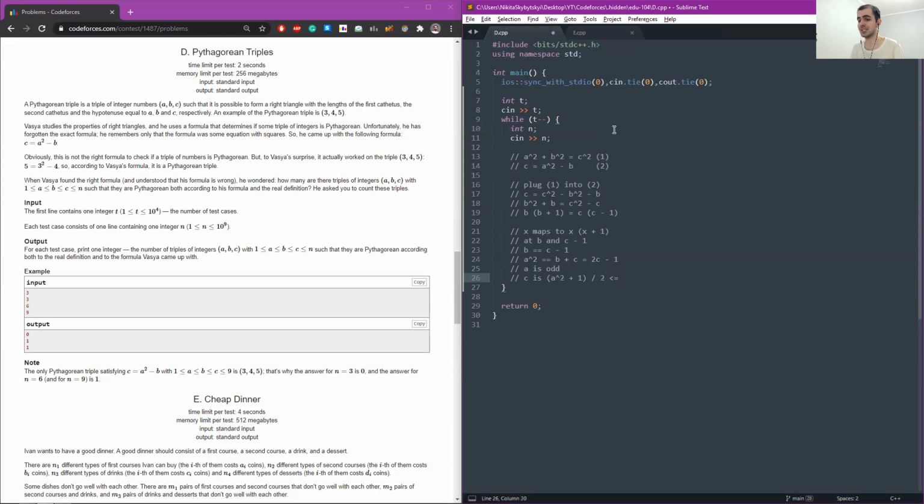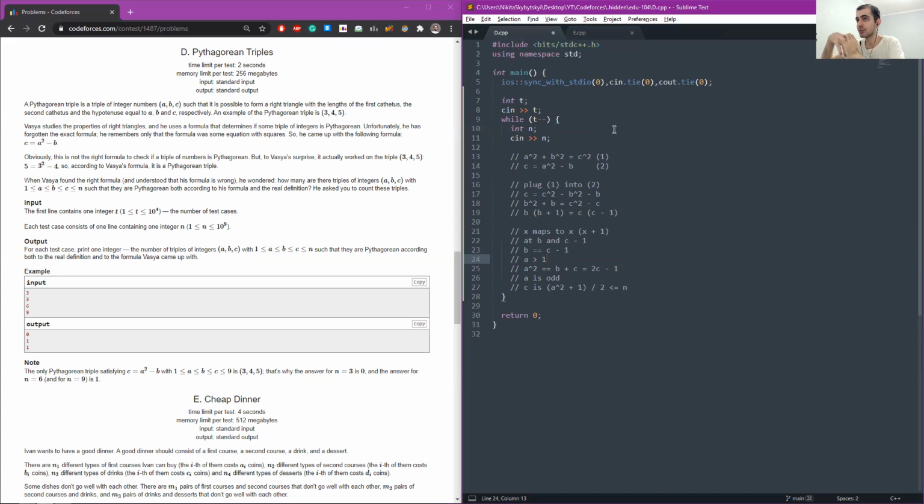This should not exceed n. So clearly a is the smallest number, b is a bit greater. Except for maybe one case: a should be greater than 1. Because if a is equal to 1, then b plus c should be equal to 1.